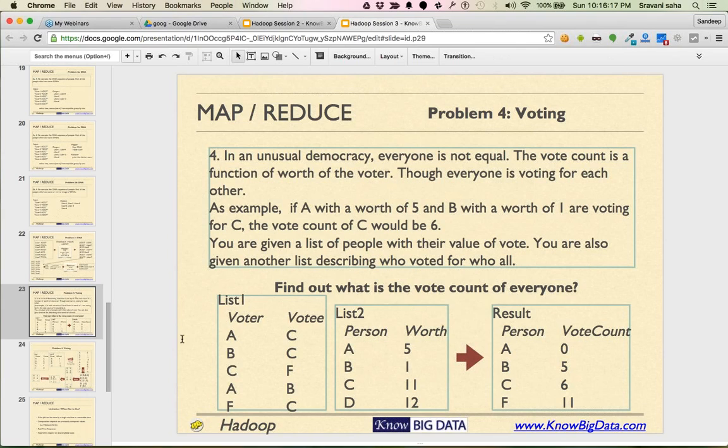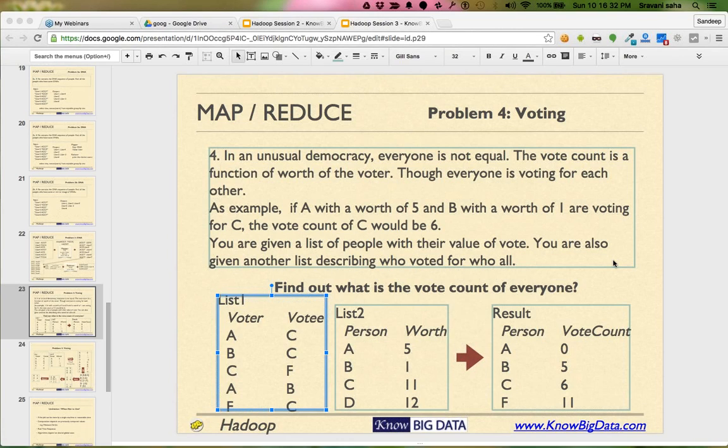Now let's see what could be done. The first objective is to find out the worth of these voters. Has anybody attempted this? Yeah, Randhir has attempted.